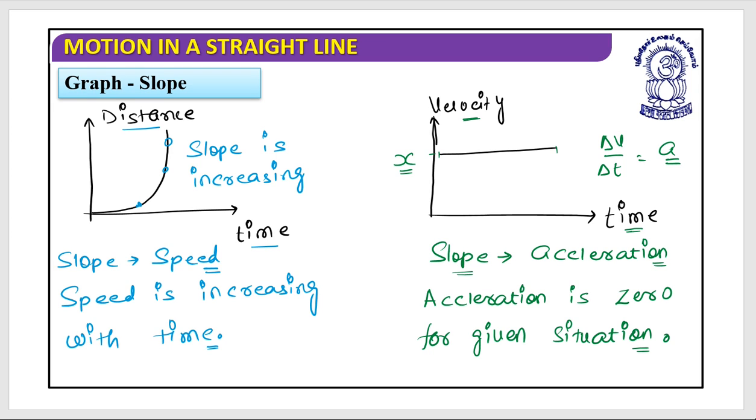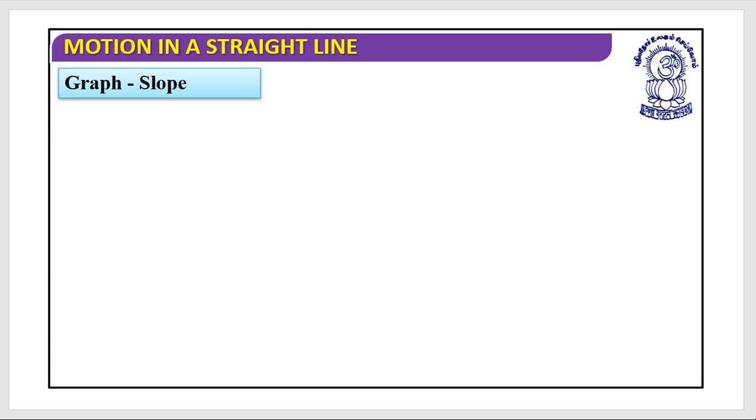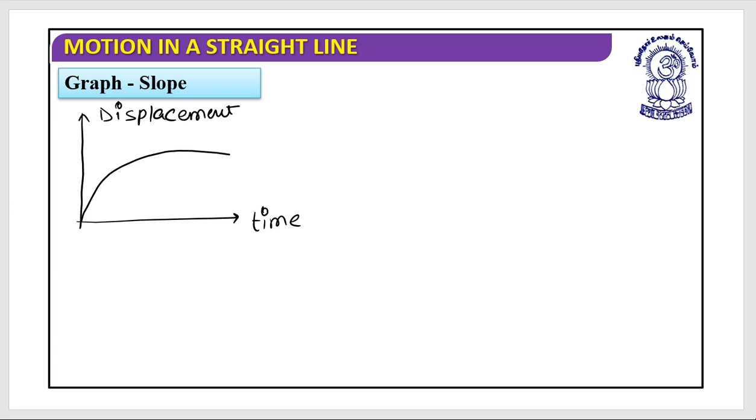Okay, do you have any confusion in this? Okay, great. Let's move on. Let's say this is displacement versus time, and the graph looks like this.